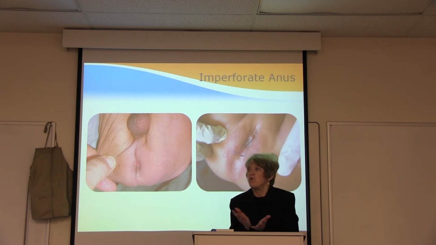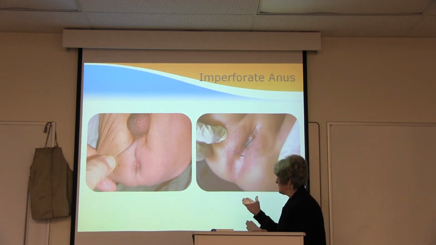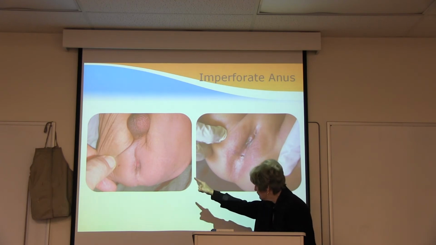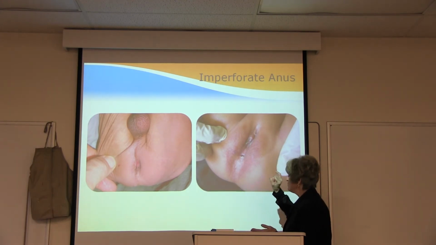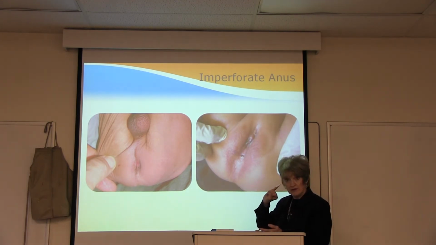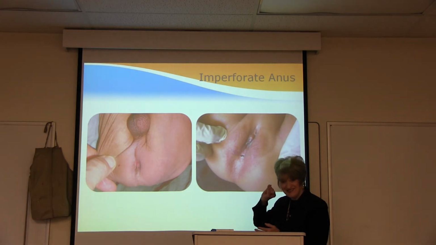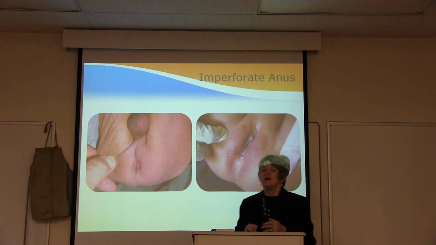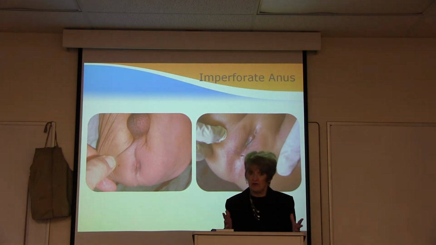Now, the first indication is there's no visible anal opening, or you can't do a rectal tent because the little dimple, what looks like an opening, doesn't go anywhere. That's why it's called imperforate anus.